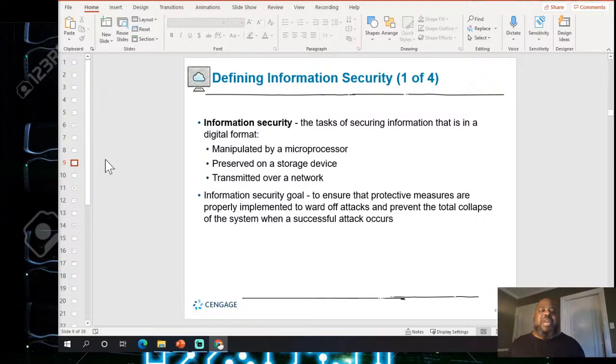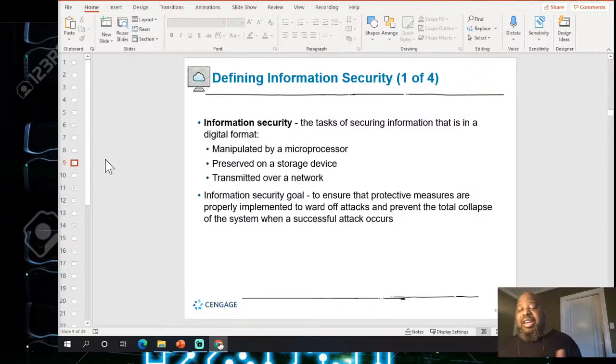So the information security goal, once again, is to ensure that the proactive measures are properly implemented to ward off an attack and prevent the total collapse of systems when a successful attack occurs. There were two things in there. Hopefully we can block it, we can stop it, but the other thing is to prevent the total collapse of a system when a successful attack occurs. So if an attack is on my network, can I just shut off that part of the network?